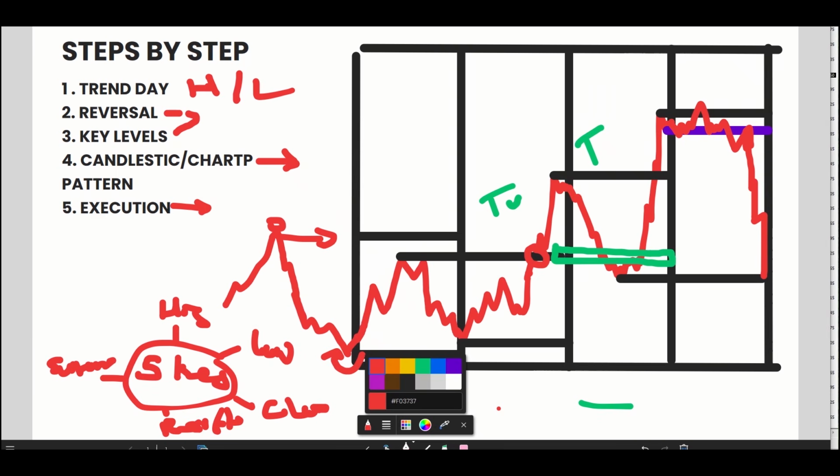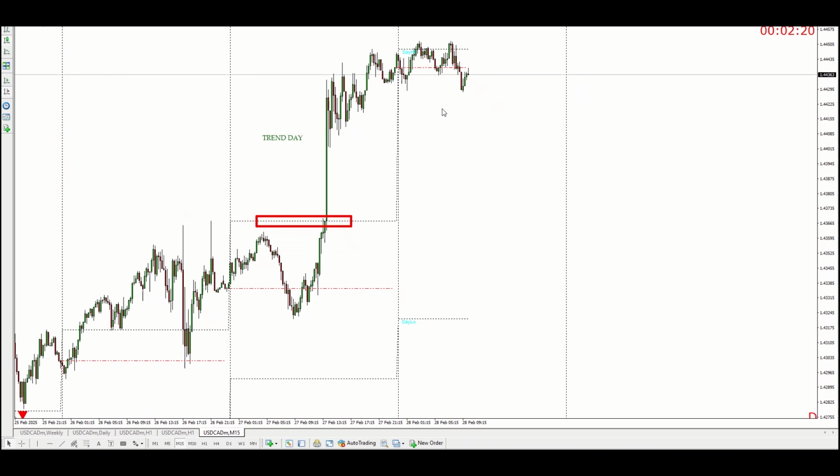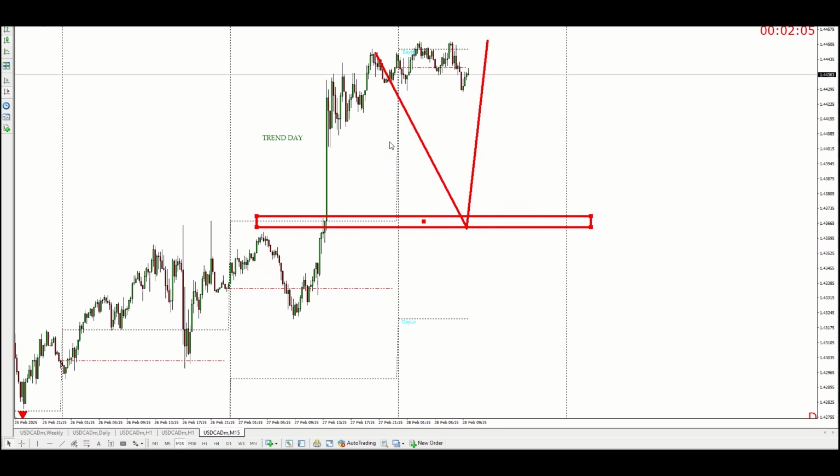So let's look at the CAD today. Trend day. We were actually anticipating it to do what? To come down here so that we can take it back up. This is an important key level. These are important key levels over here. These are also important key levels. However, what are they doing? They are not doing that. They are not dropping.